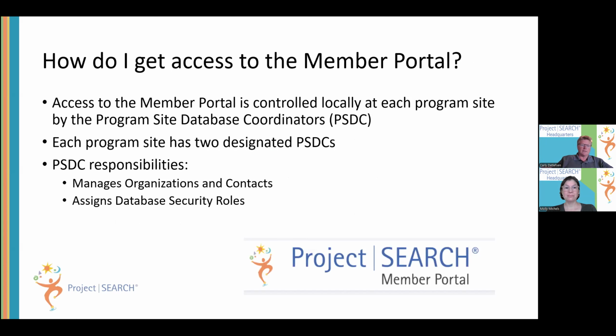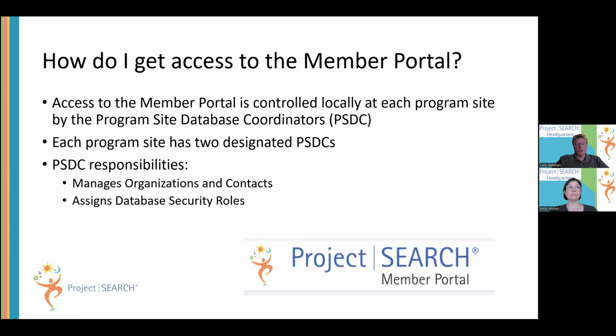So how do you get access to the portal? Access to the portal is granted basically in one of two ways. Either your program specialist can enter people into the portal for your program site, or each site has two people that are assigned as what we call the program site database coordinators. And those two people have the ability to add contacts to the member portal. So typically when a program site is starting up, the program specialist will add probably some of the key members as part of that planning team into the member portal.